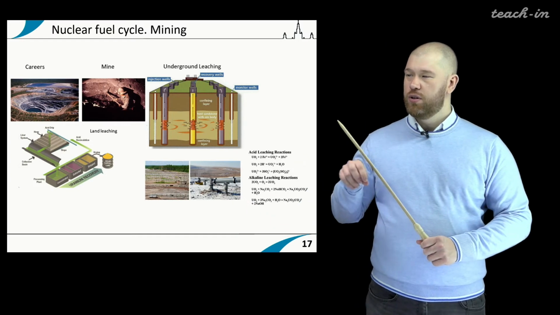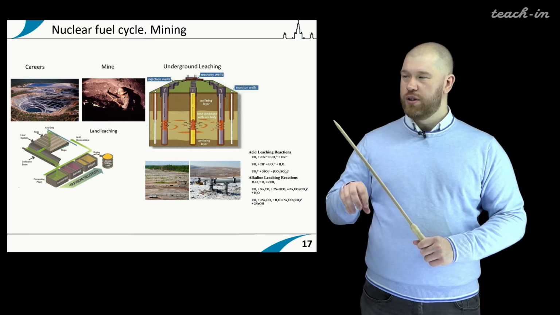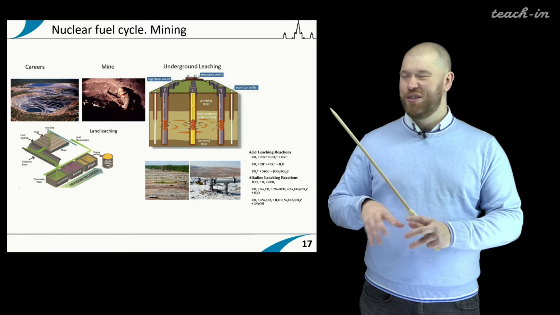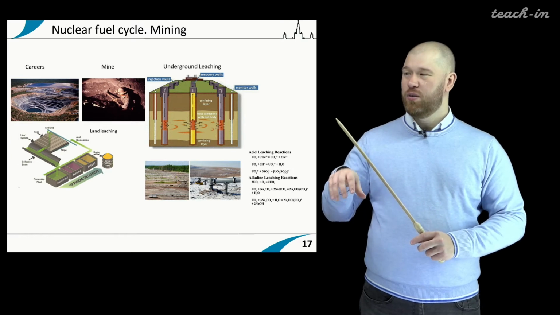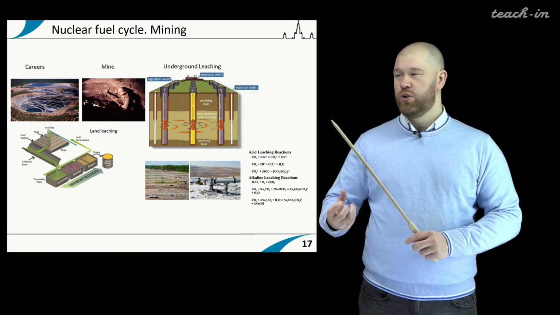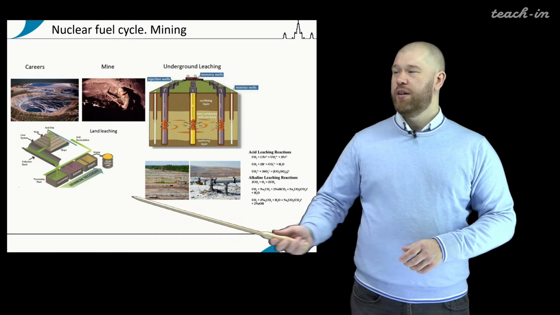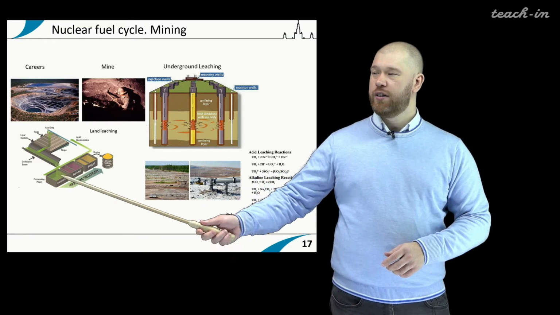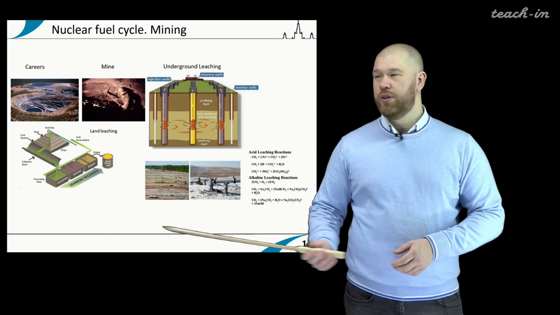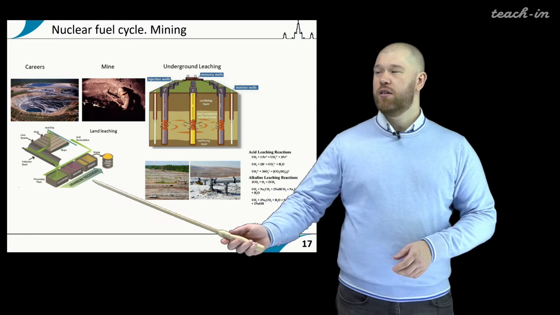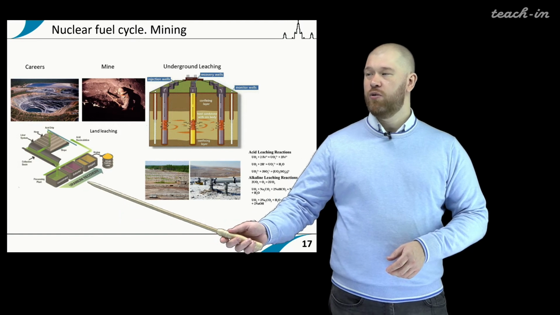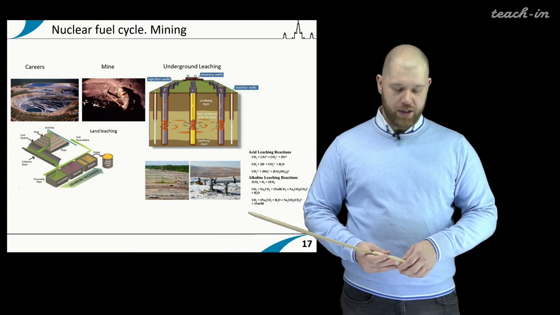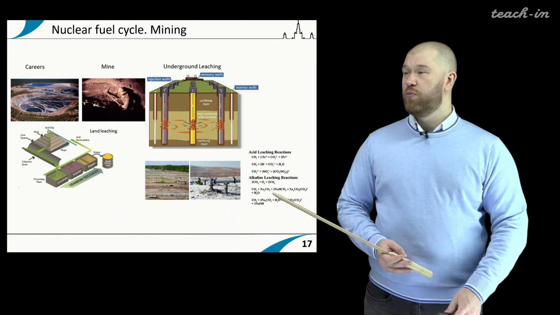So the solution is going through this mound of the uranium ore, dissolves uranium, and then this liquor is collected and then transported to the plant again to extract uranium and back extract as a pure uranium.